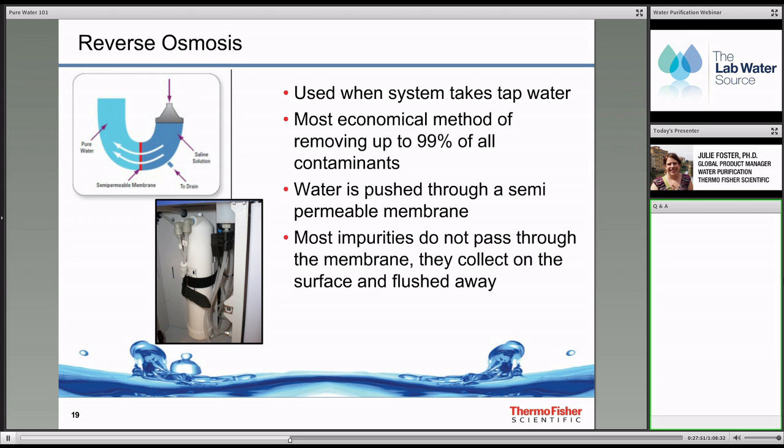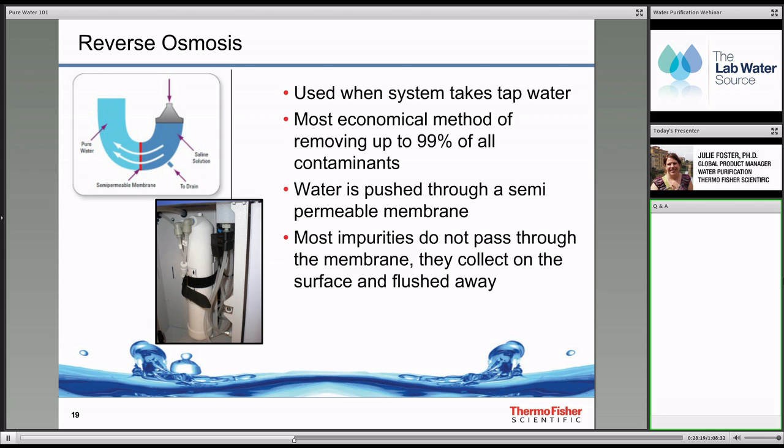A semi-permeable membrane, which is the red, is used to separate 2 solutions. One is a saline or salt solution, and the other one is pure water. Each solution is open to the atmosphere. During osmosis, the pure water flows through the membrane to dilute the salt water in an attempt to equalize the salt concentrations. This natural force is called osmotic pressure.